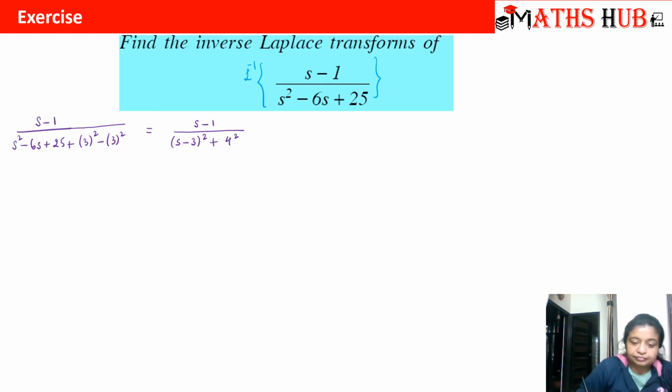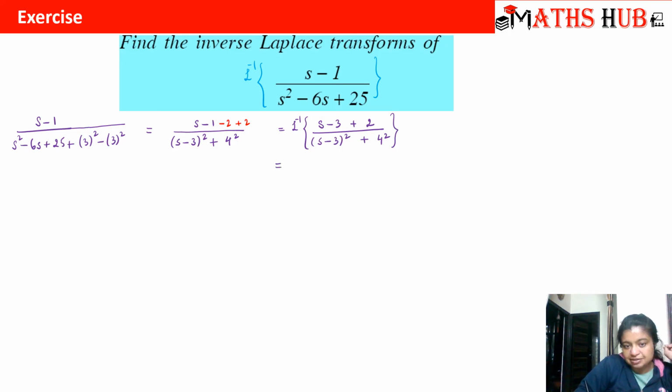Right? Now what do I need to add and subtract in the numerator to make minus 3? I can subtract 2 and add 2. So this expression will become s minus 3 plus 2 upon s minus 3 square plus 4 square. So I need to calculate the Laplace inverse of this term, right?